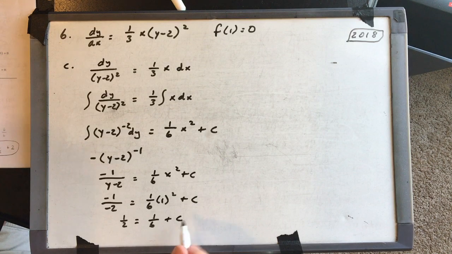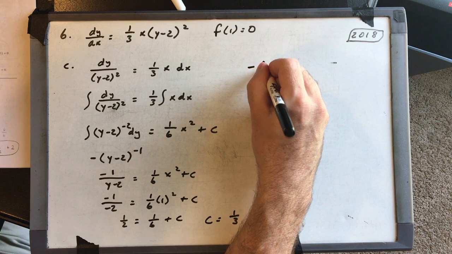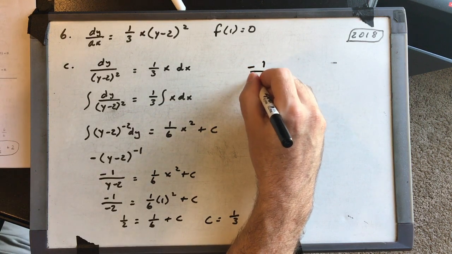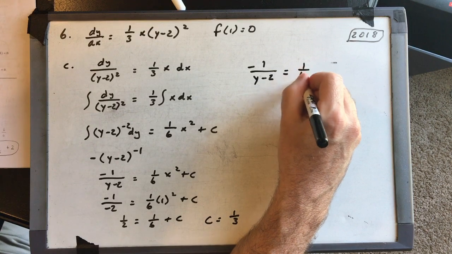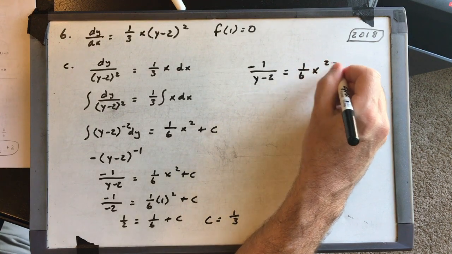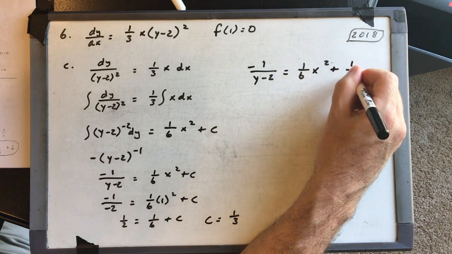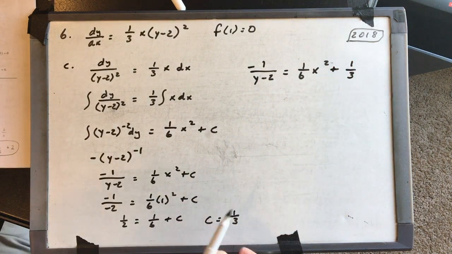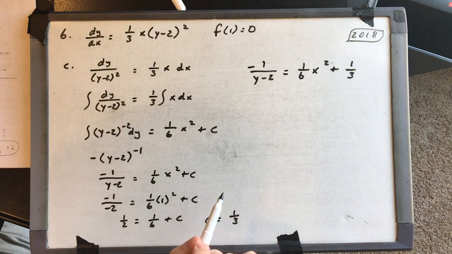So c is going to be 2/6, which is 1/3. So plugging that back in, I would have minus 1 over y minus 2 is equal to 1/6 x squared plus 1/3. On the 2020 test, I would probably snap a picture of that and say that's the answer.